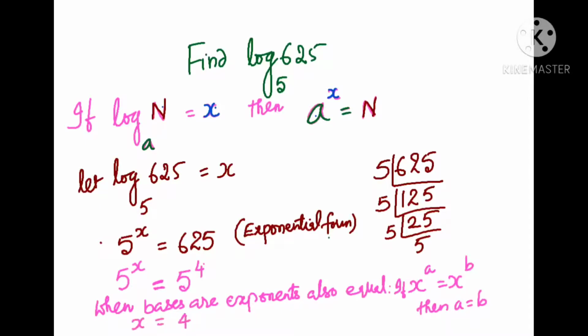This is the answer. So to find the logarithm of any number, you first convert into exponential form, then write the larger number as a power of the base. Then we can compare the exponents. By comparing the exponents, we can find the value of x.